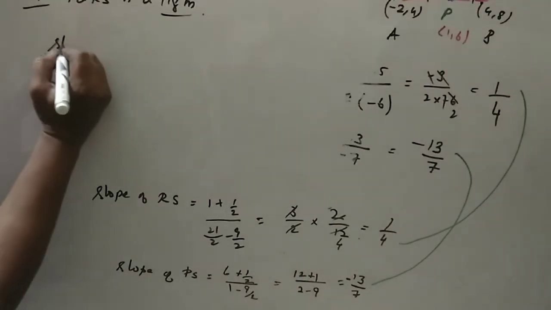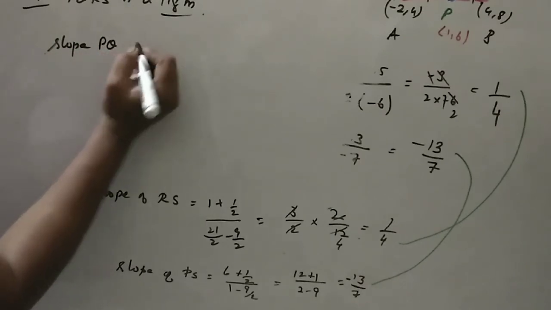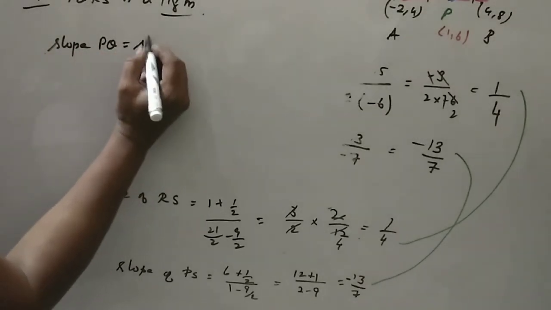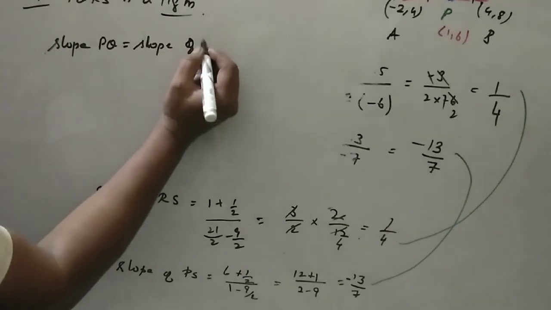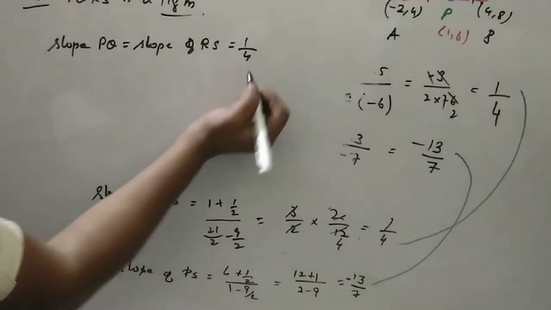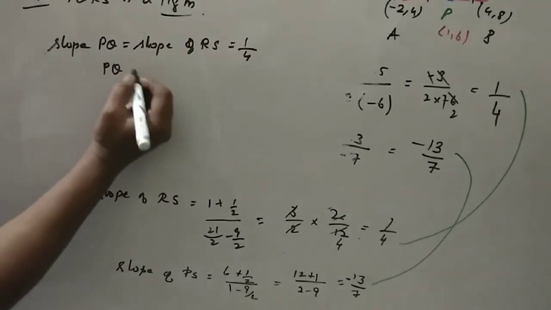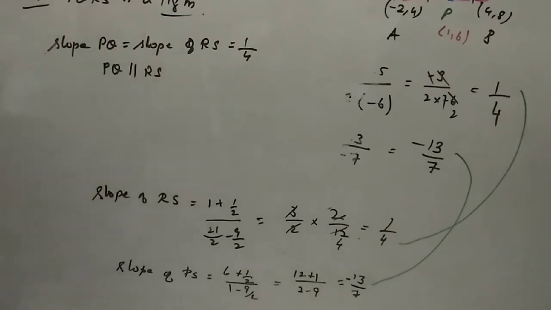Slope of PQ equal to slope of RS is equal to 1/4. Therefore, PQ parallel to RS.